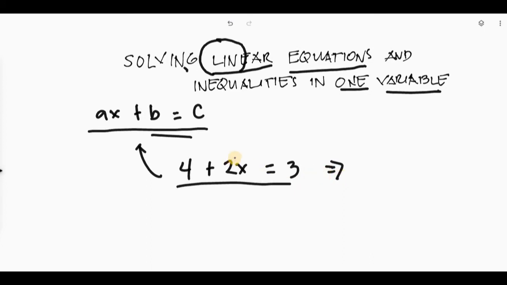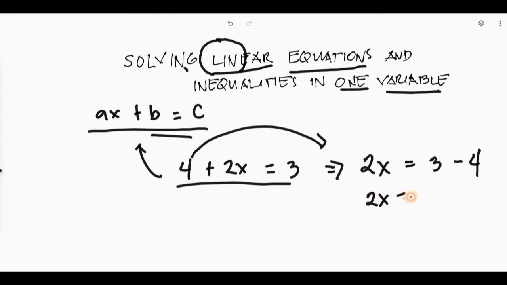That could be yung 2x na to, nandyan pa rin sa right side na yan. And this one can be transposed sa ibang side, o sa kabilang side. So, that could be 3 equals 3. So, yung 4, lipat lang natin sa left side, that's minus 4. So, we have 2x equals negative 1. So, linear equation pa rin siya. Okay?